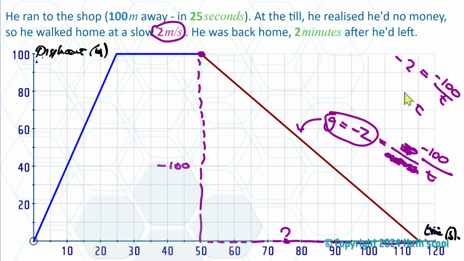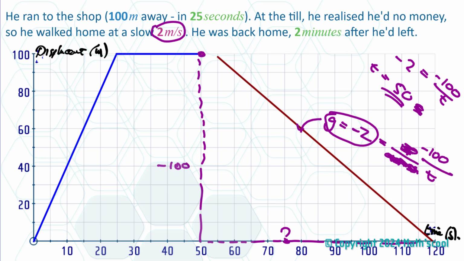And so that gives me t equals minus 100 divided by minus 2, so that's going to give me 50. So t is 50. So I know it took him 50 seconds to get home. And I know he was back home 2 minutes after he'd left. So if I just move that to 120 seconds, 120 seconds is 2 minutes. And I know that this has got to be 70 seconds.